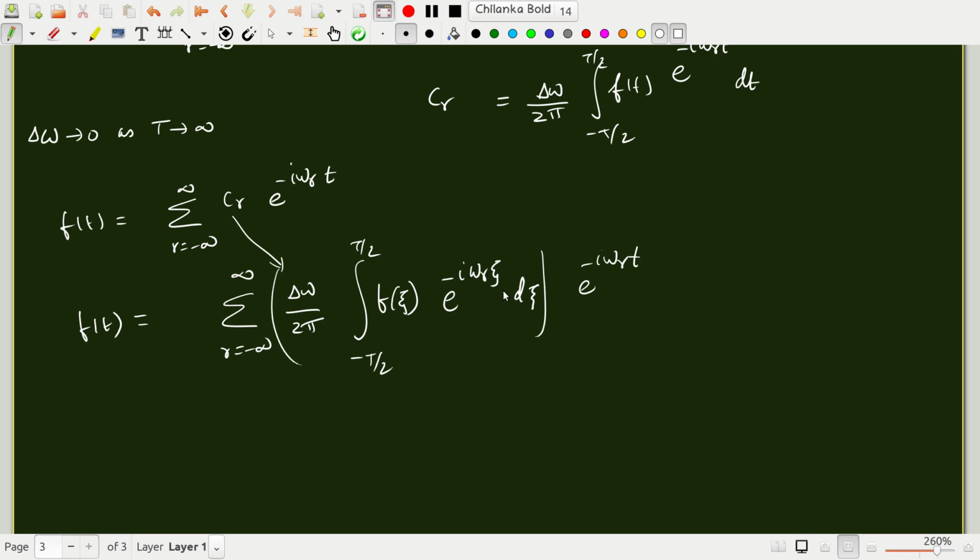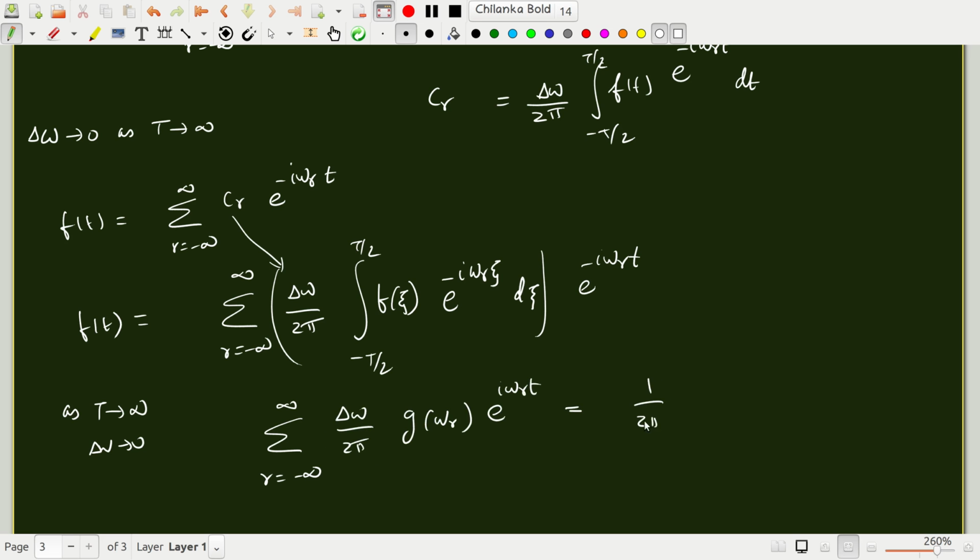So as T goes to infinity, this delta omega goes to 0, and the summation over this becomes an integral. The summation over r from minus infinity to infinity of delta omega by 2 pi times any function g of omega r e to the i omega r t is nothing but, using the fundamental definition of an integral, 1 over 2 pi times the integral from minus infinity to infinity.